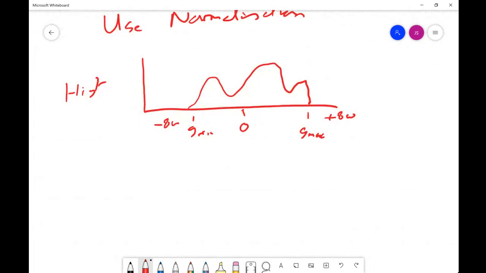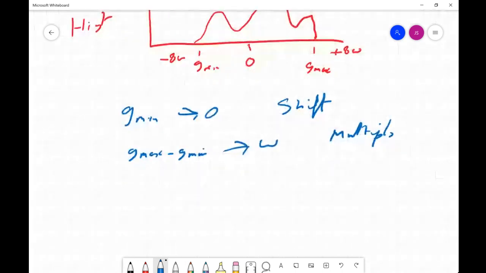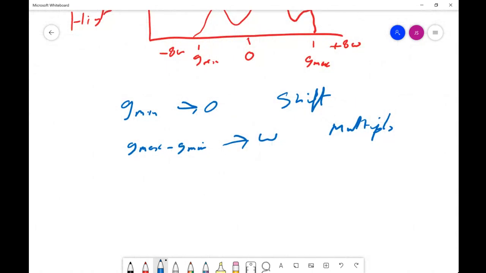And you would apply the standard normalization, G min to 0 by a shift. And then having shifted G min to 0, G max minus G min, having shifted it, has to go to W. And that would be a multiply. And that would give you a high-pass filtered image.